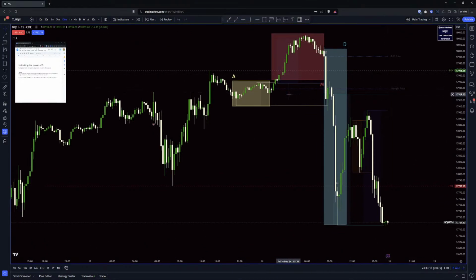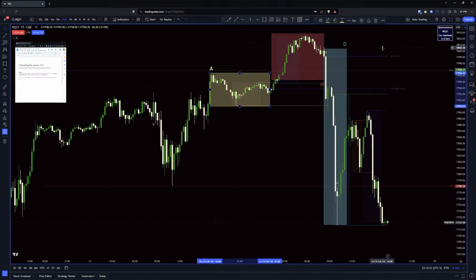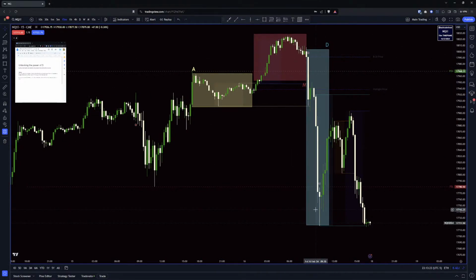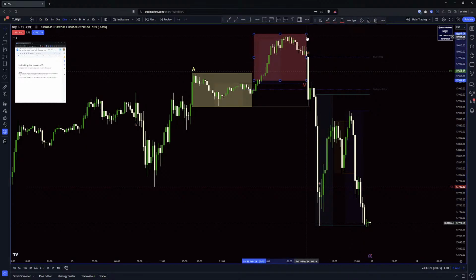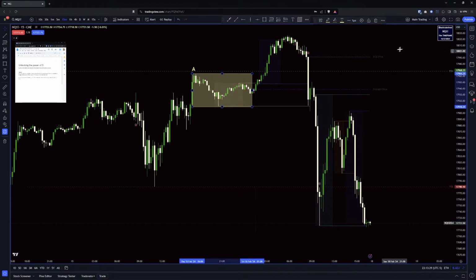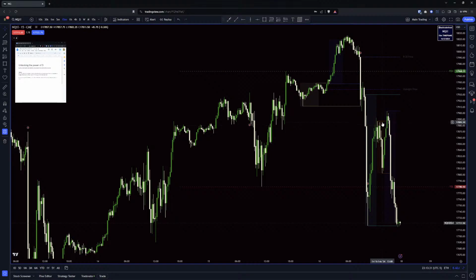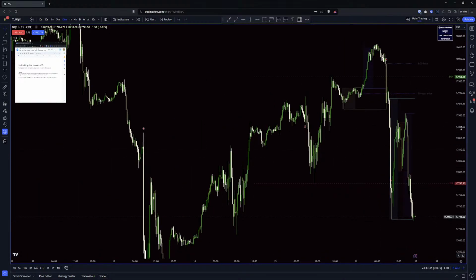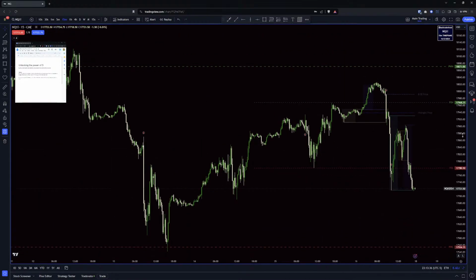And what we want to do is predict, okay, from this accumulation, how do we know where the manipulation is going to go? From this manipulation, how do we know where the distribution is going to go? There's a couple different theories I have with that. So let's start at the beginning of this week.